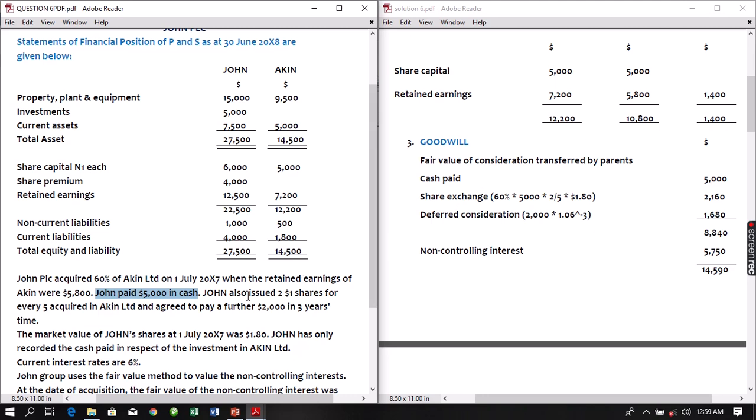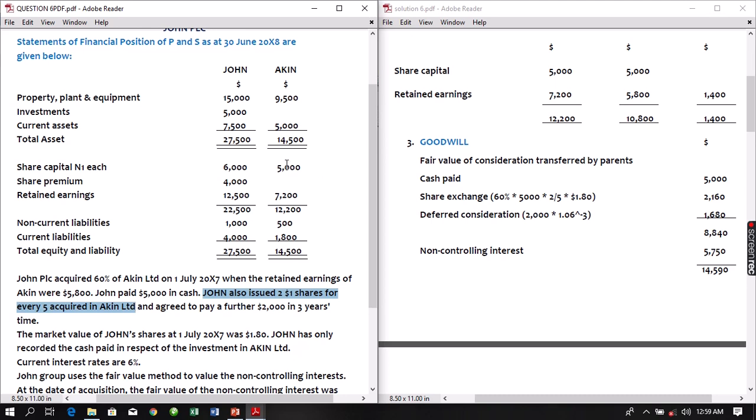John also issued, look here, 2 $1 shares for every 5 acquired in Akin Limited. Now we have to pay attention here. The first question is, how many shares am I getting from Akin Limited in the first place? I want to get 60% of the total shares in Akin.